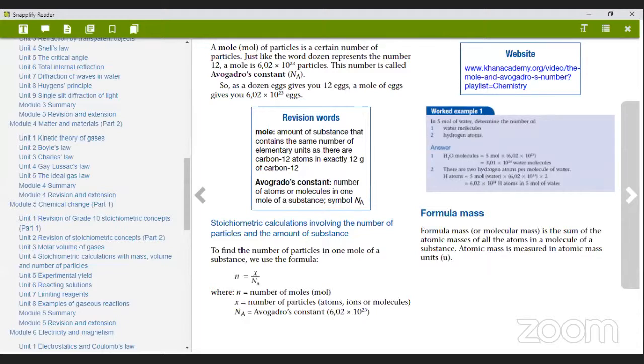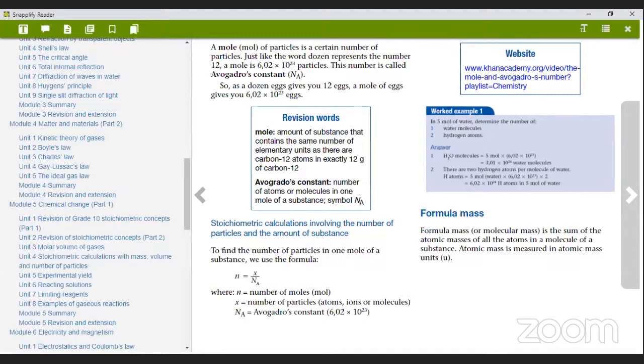Let's say you are trying to do an experiment, and they give you 12 gram of carbon. That number of substance is the one that we're going to be using as X. So 12 gram of carbon, and you divide that by the Avogadro constant so that we can find the number of moles. Why do we do that?